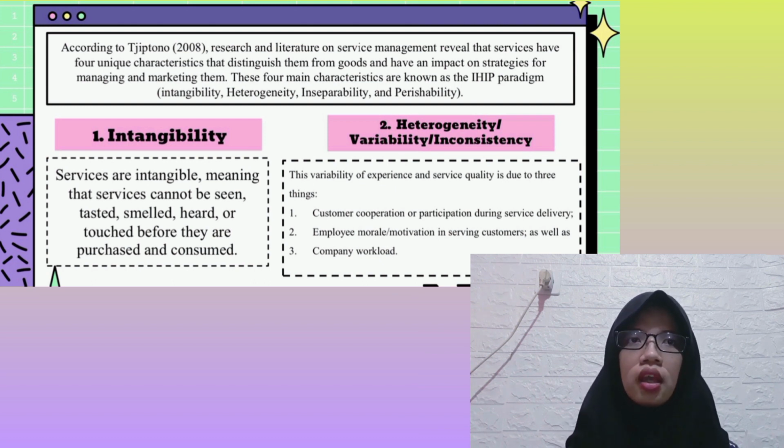To reduce the negative impact of service quality variability, there are 4 strategies that can be carefully considered: investment in human resource management, service industrialization, service customization, and monitoring customers' satisfaction.